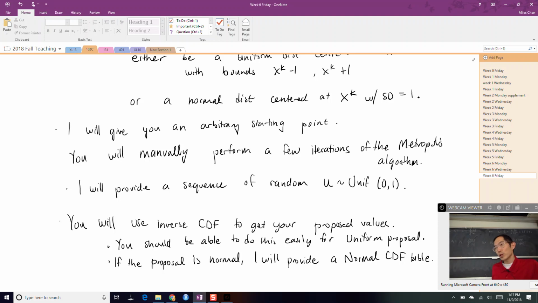I know the homework is based in R, and this is paper and pencil, but the goal of this exam is to make sure that you understand how these algorithms are working on a step-by-step basis, okay?